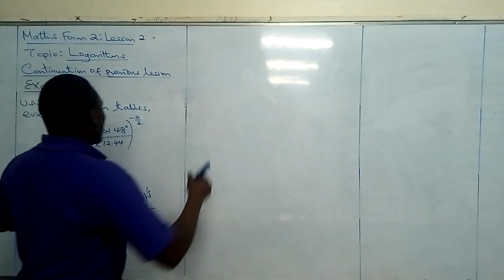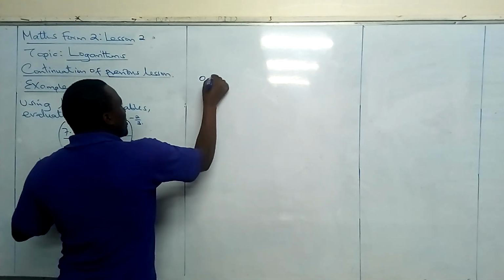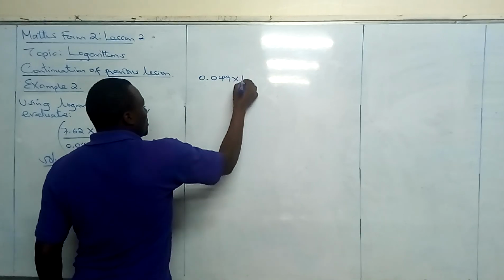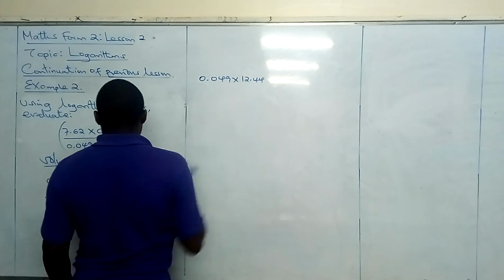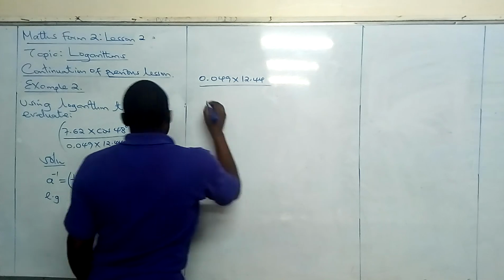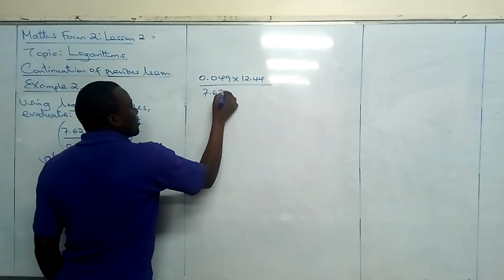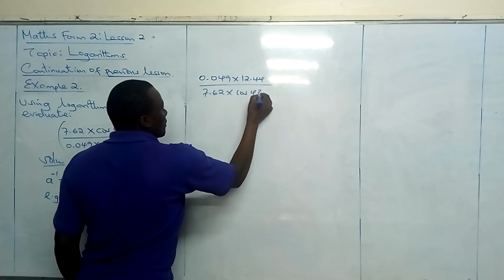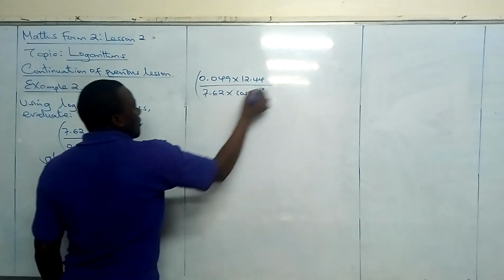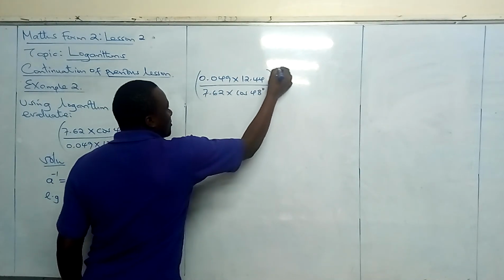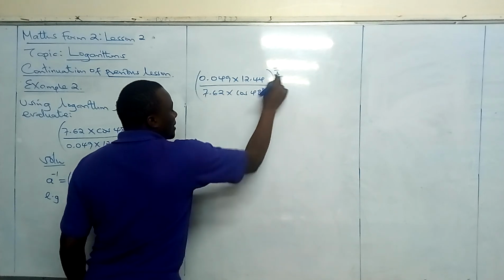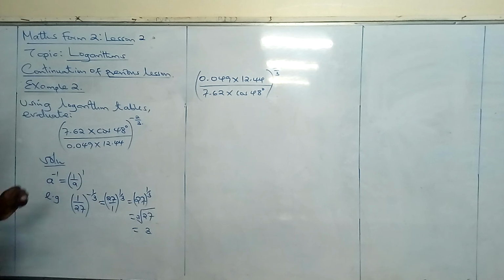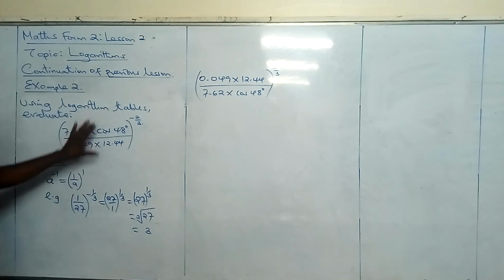So we are going to have 0.049 times 12.44 divided by 7.62 times cos 8 degrees. Now everything should be raised to the power positive 2/3. The minus has disappeared because we have now found the inverse of what we were given.